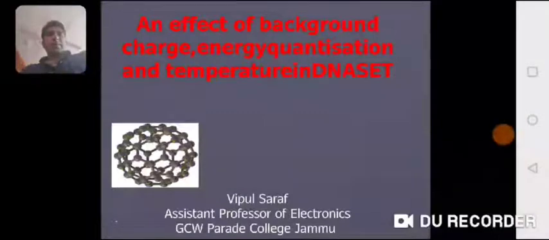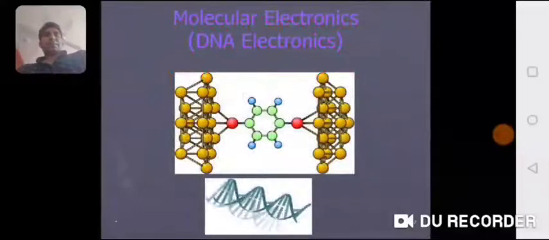Today I'm going to present a lecture on the effect of background charge, energy quantization, and temperature in DNA SET. Molecular electronics is also sometimes called moletronics.